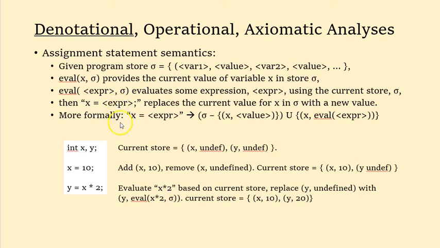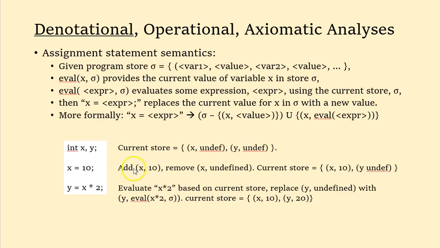So then we can say that a little more formally. Oh, x equals expression. What's the semantic meaning of that? It means take the current store, subtract out the current x value, and union it with x, evaluate the expression using the current store. So initially we say, okay, current store, x is undefined and y is undefined. Why is that? We've declared x and y, but we have not given them a value.